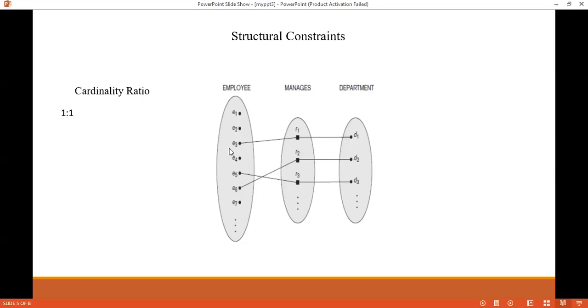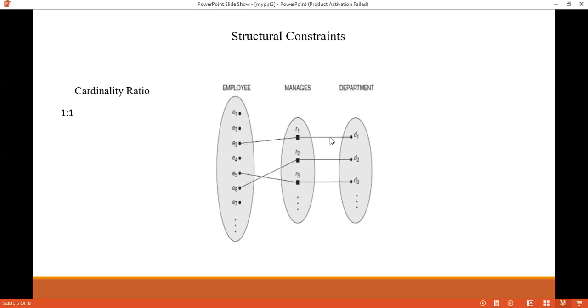D1 has only one manager and E3 manages only one department. A department has only one manager and an employee manages only one department. So one department can be managed by only one employee.